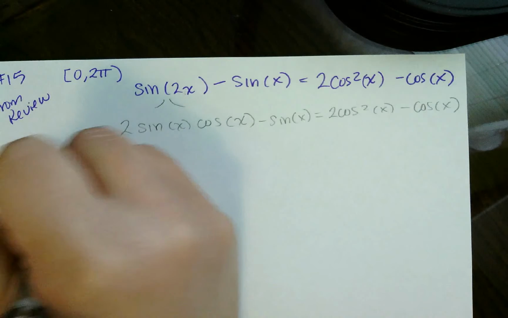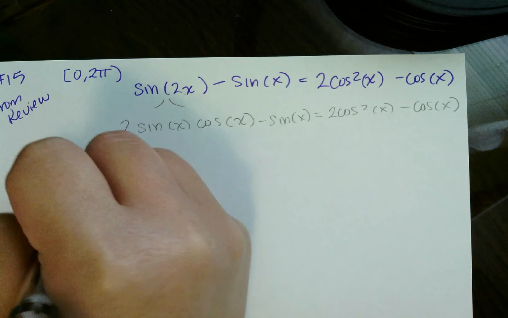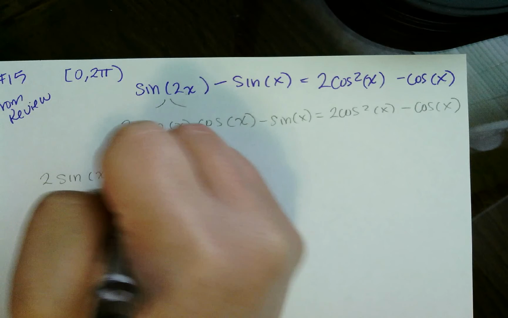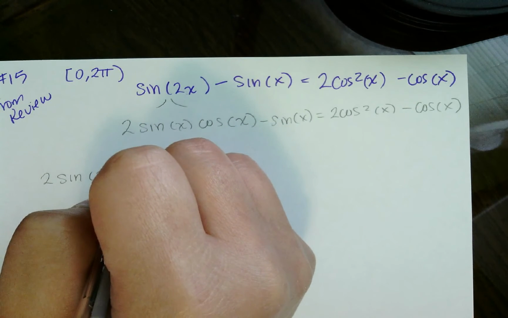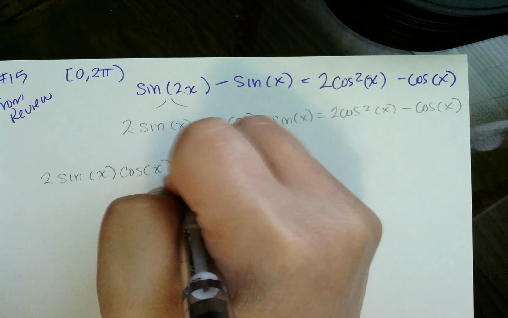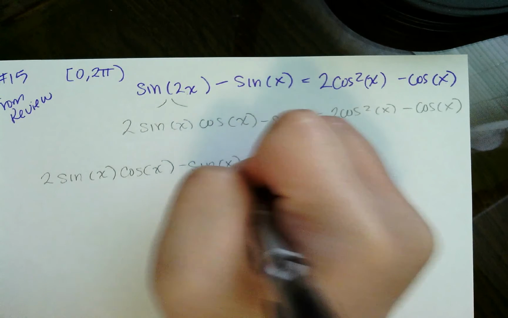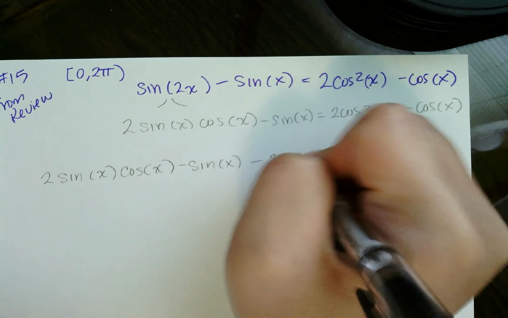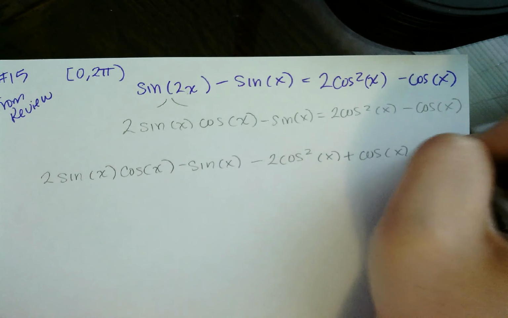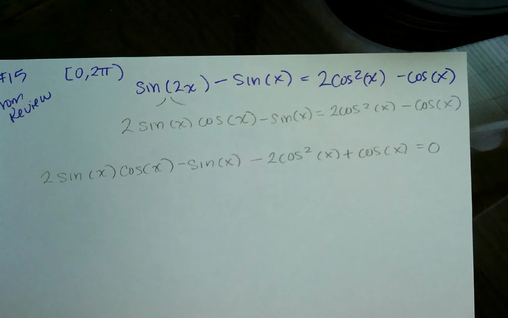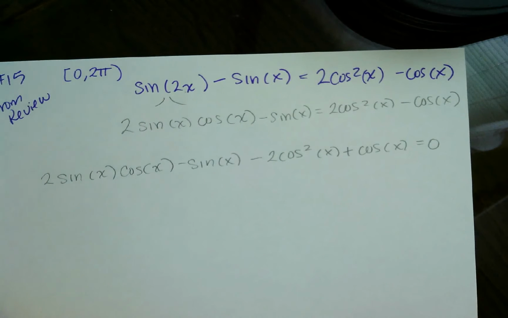So I'm going to get everything on one side first of all to start with so I can see what I want to mess with. I'm just going to move this over here, so I can see everything I got going on. I got sines, I got cosines, I got cosine sines.